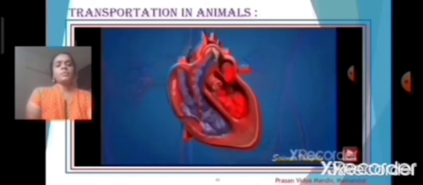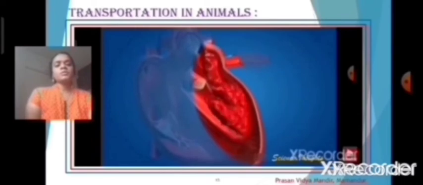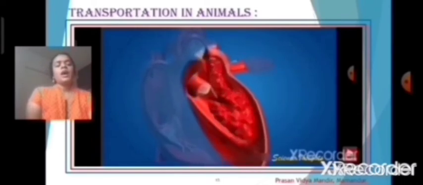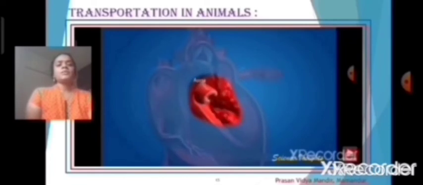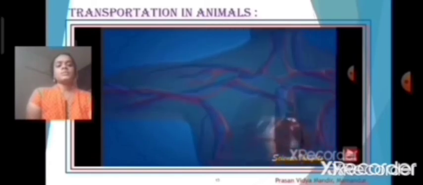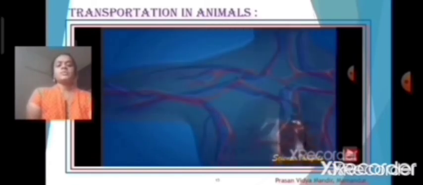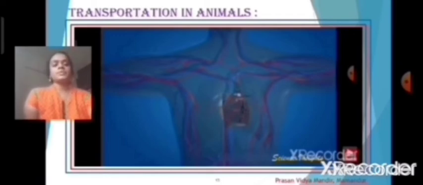From the left ventricle, the aortic valve opens and the blood is pushed to the aorta, the largest blood vessel, and from the aorta it is passed to the arteries. Arteries carry the oxygenated blood to the tiny minute branches called capillaries, which supply the blood to the cells and tissues. So this is the function of transportation, the pathway where circulation happens.